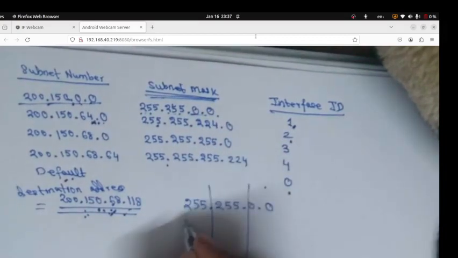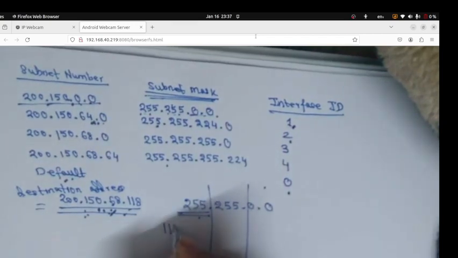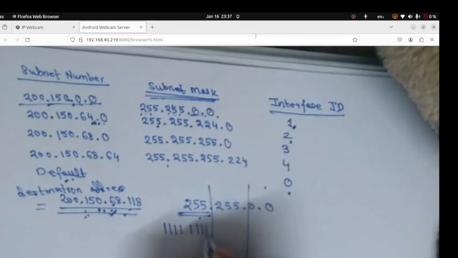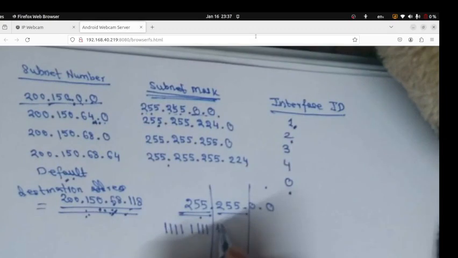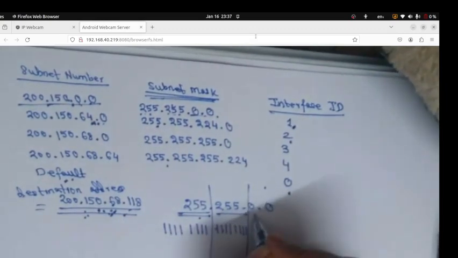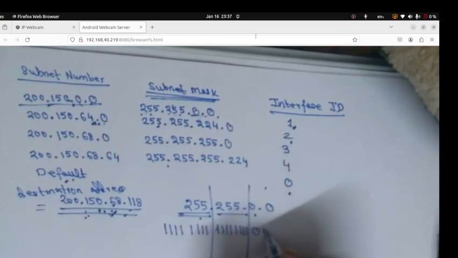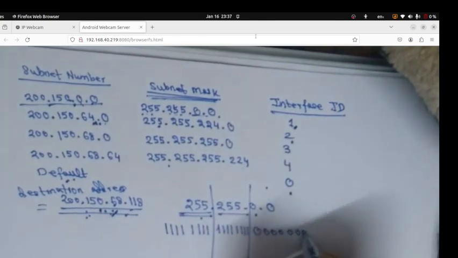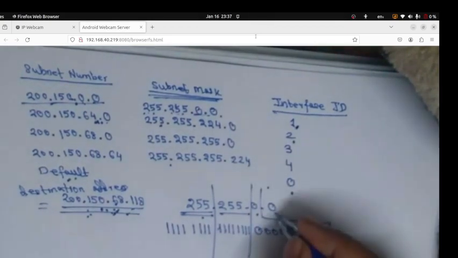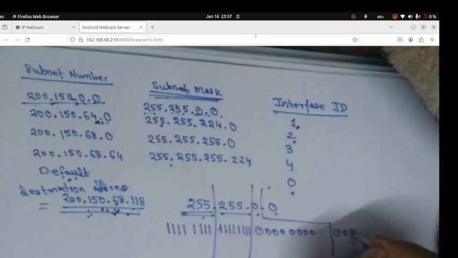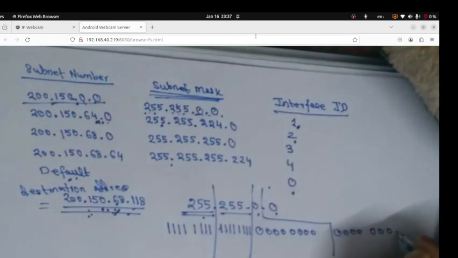If I convert 255 into an 8-bit number, all of the 8 bits are 1 in binary. The next octet, 255, also has all 8 bits as 1. Then the third octet has all bits as zeros, and the last octet, whose value is 0, also has all 8 bits as 0. So that is the 32-bit mask.